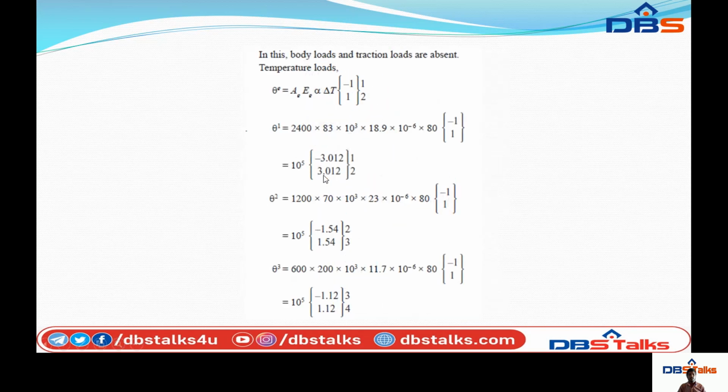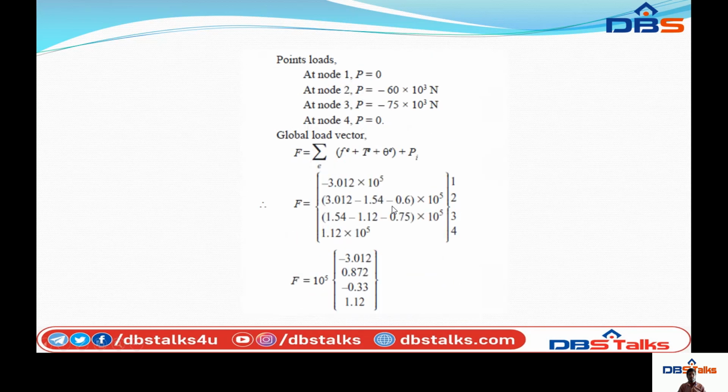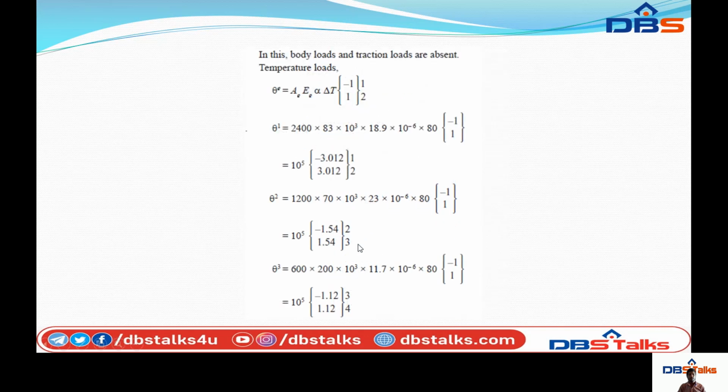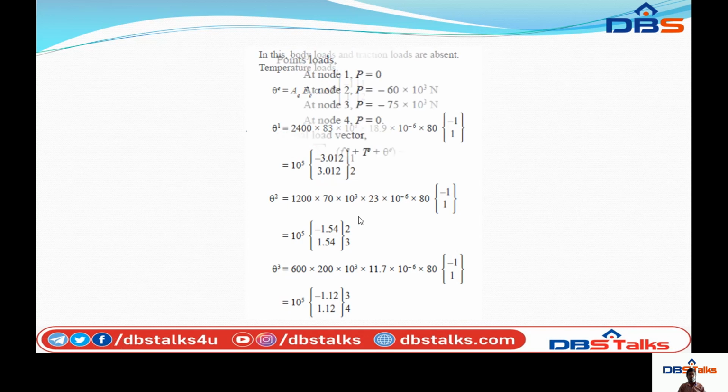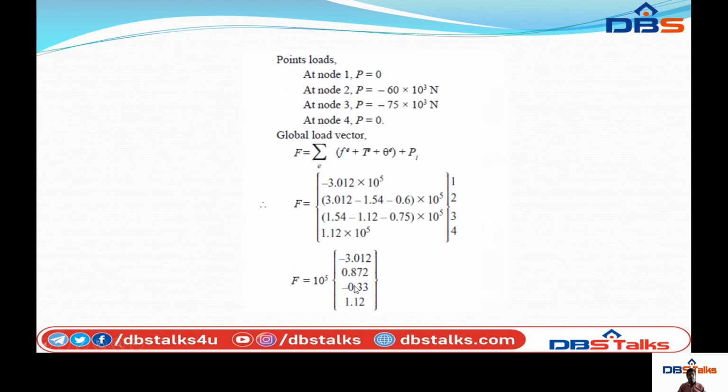After then, subtraction of 3.012 minus 1.54. At node 2, the point load is minus 60, then minus 0.6 into 10 to the power 5. After that, minus 1.54 minus 1.12 minus 0.75 into 10 to the power of 5. After then, finally 1.12 into 10 to the power of 5. Then the force vector is obtained.